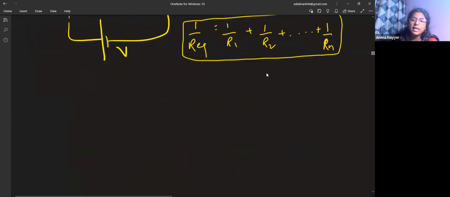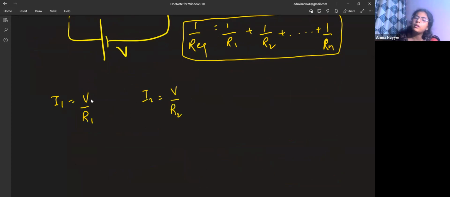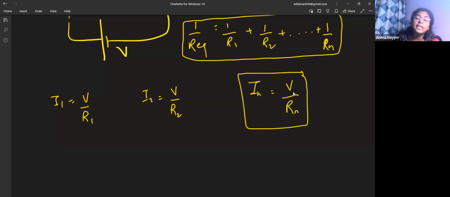I1 will be equal to V by R1. I2 will be equal to V by R2. Potential will remain the same, resistors will keep on differing. For the nth resistor, take the potential divided by that resistance. This is how you will get the individual current, because this time individual currents will not be the same. You will have different values of individual currents.